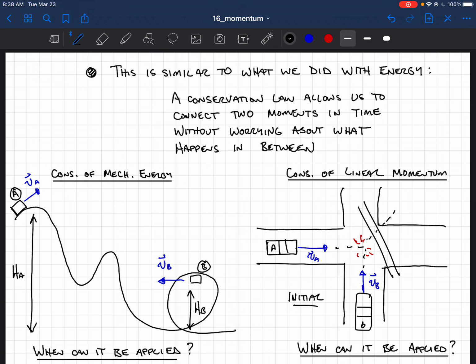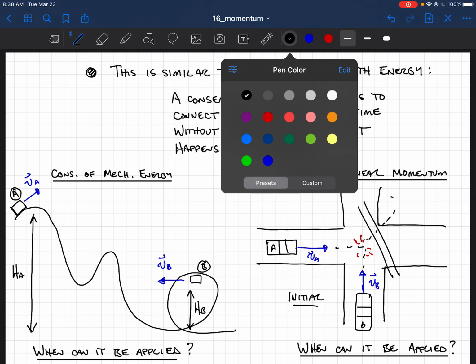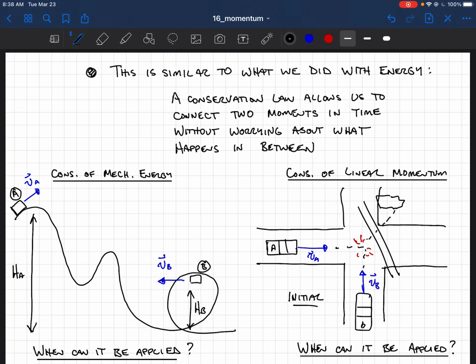Maybe the two cars get stuck together, and then they go off at some final velocity together, something like that. And this is the final moment. So we don't have to worry about the details of the collision, but we can relate the initial conditions of the two objects to the final condition of the one object. And that's just one special case.